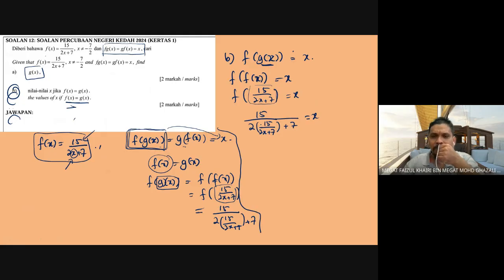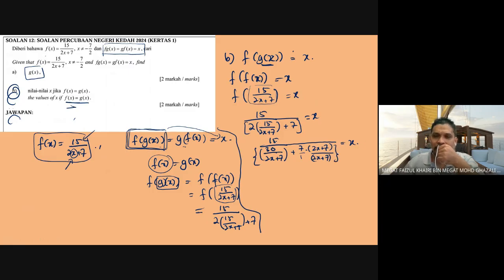So now look at this. 2 times 15, okay, 15 divided by 2 times 15, 30 divided by 2x plus 7. And this 7, just imagine that it was 7 over 1. We multiply with 2x plus 7, and also here, 2x plus 7 equal to x.